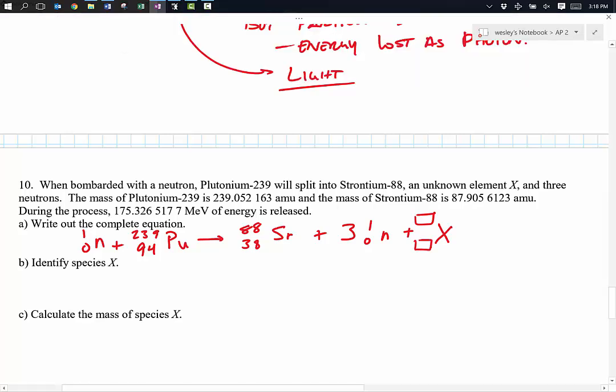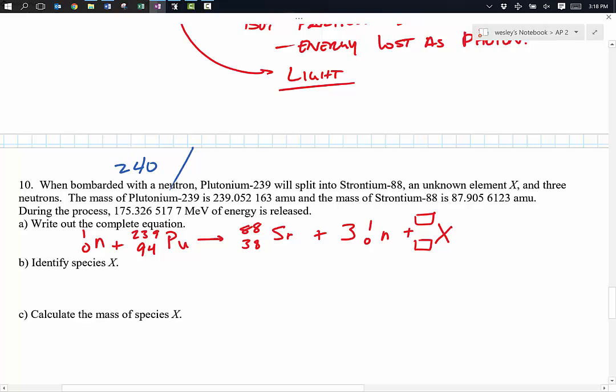So if we look at the whole thing on this side for our reactants, I'm sorry, I did that backwards. On this side we have 240 nucleons.